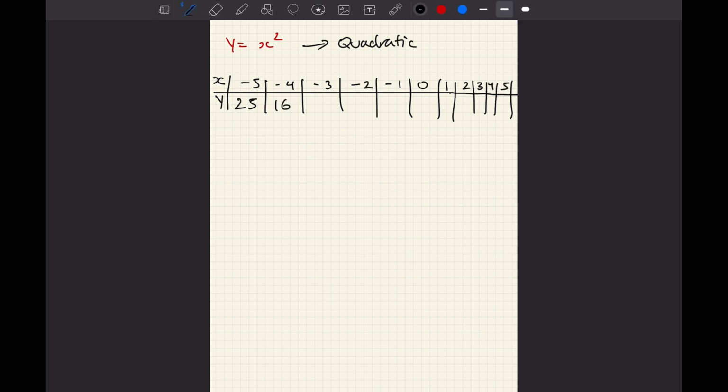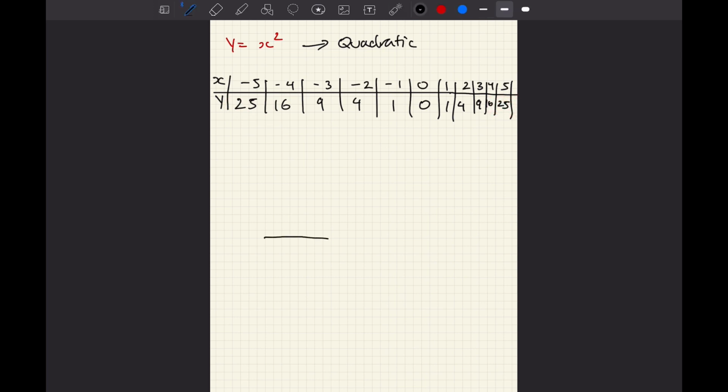So let's see, 25, 16, 9, 4, 1, 0, 1, 4, 9, 16, 25. Now you're probably seeing a trend here. They're repeating each other. And that is very much the case. Because when you square it, it doesn't matter if a number is negative or positive. It'll end up being exactly the same.